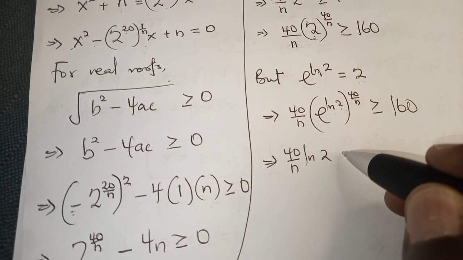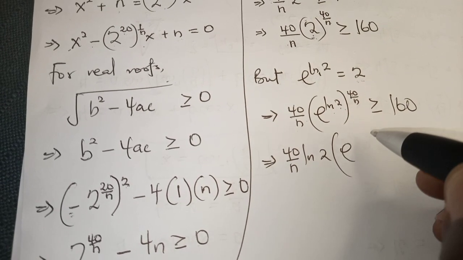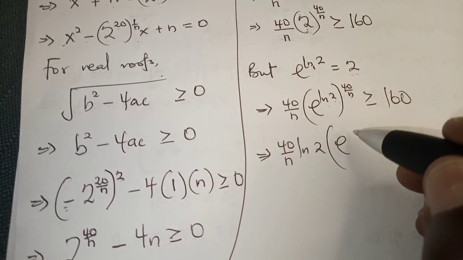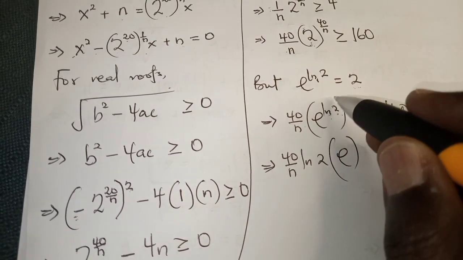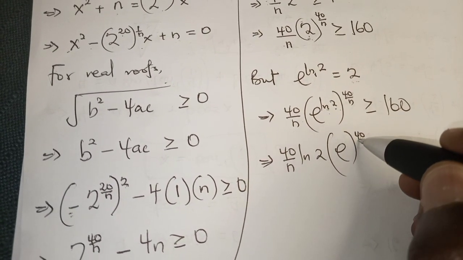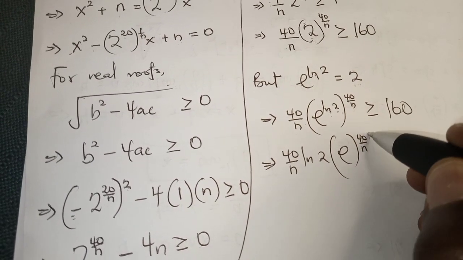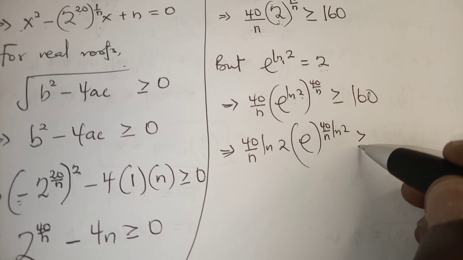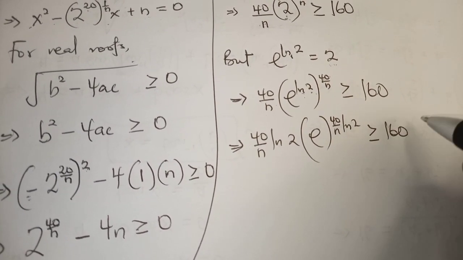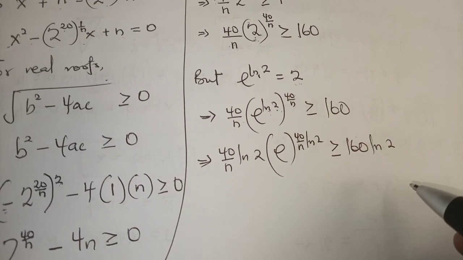Then here as well, bracket open e. Okay, so I can start to take this one out. So we have 40 on n ln 2, greater or equal to 160 ln 2. That sounds beautiful.